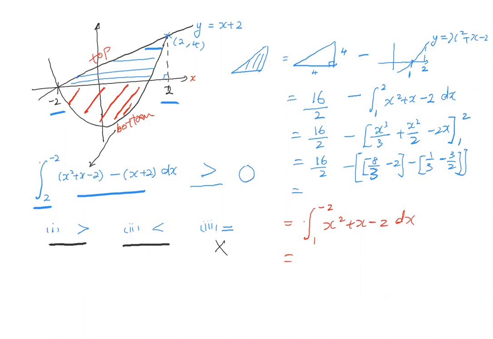Okay, so the concept is, go back to the basic concept. Top minus bottom, from lower to upper limit, I will get a positive value. If I twist bottom minus top, I will get negative. If I twist the limit, it will become negative. So negative, negative, it go back to positive. You see or not?